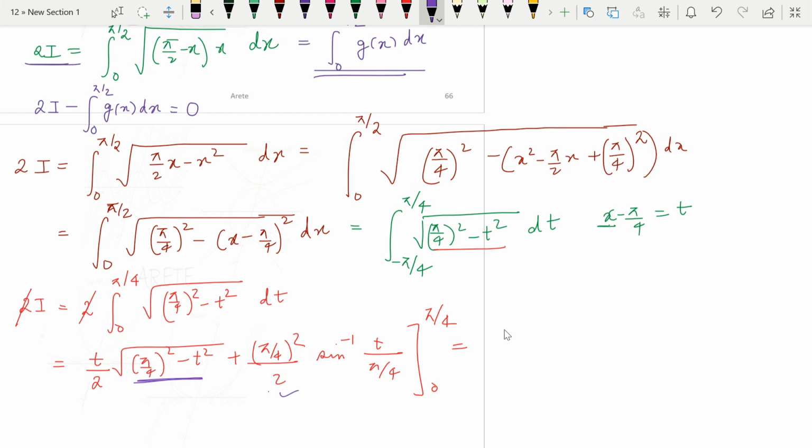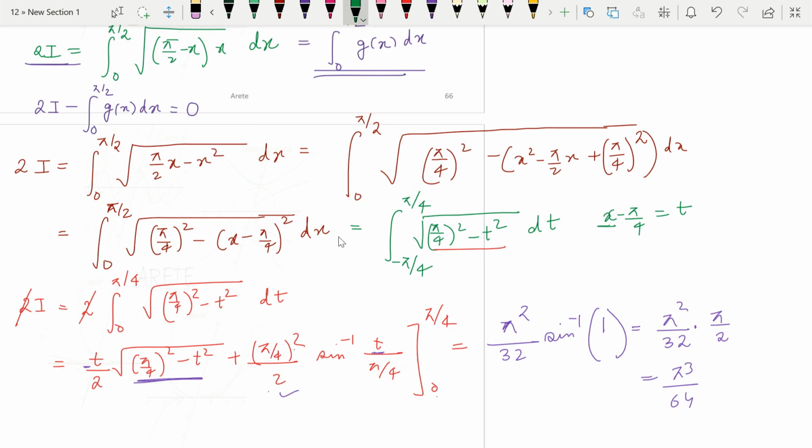Pi square by 16 and 2 gives 32, and then you have sine inverse of pi by 4 by pi by 4, that is sine inverse of 1. At the lower limit, t goes to 0, this whole thing is 0, and sine inverse 0 is again 0, so only this much. So pi squared by 32, and sine inverse of 1 is pi by 2. So you get pi cubed by 64.